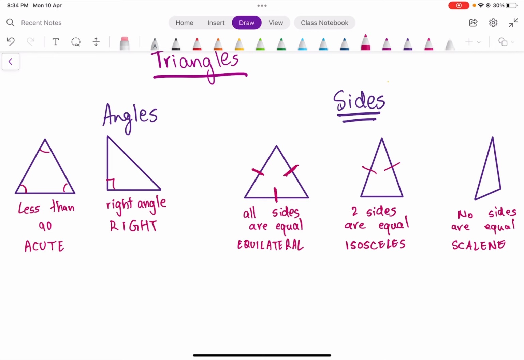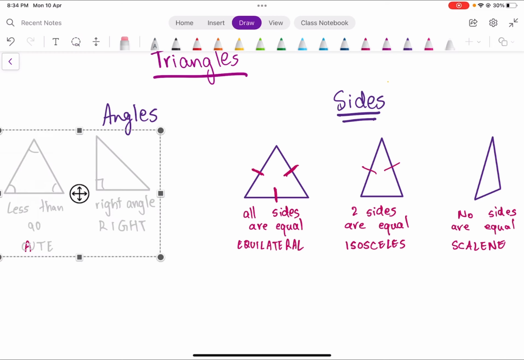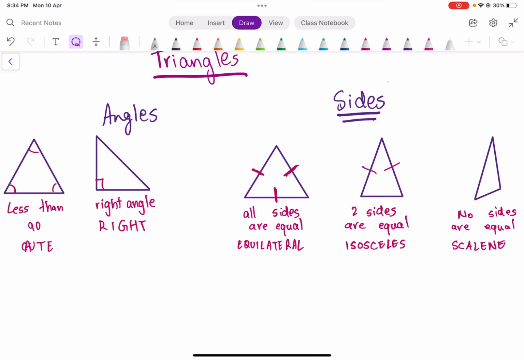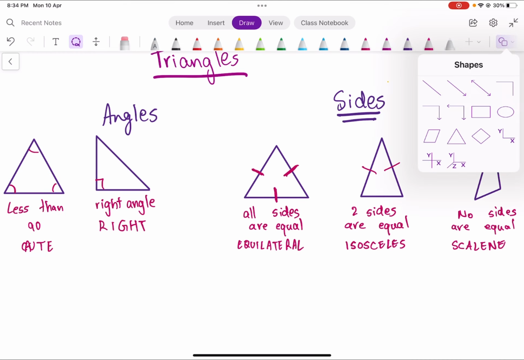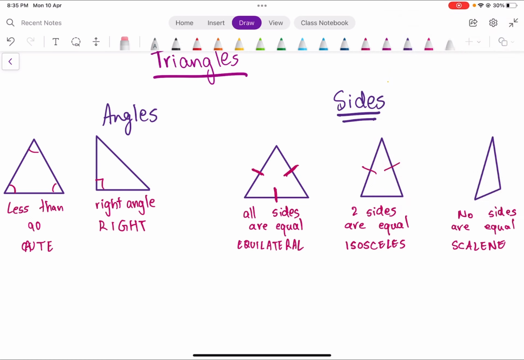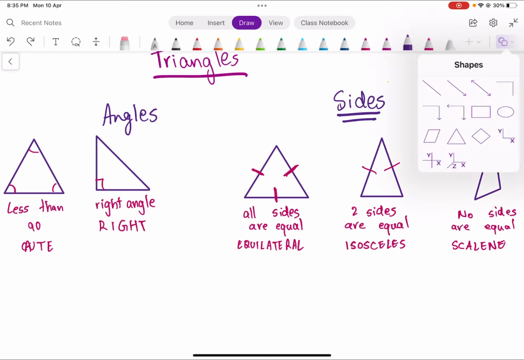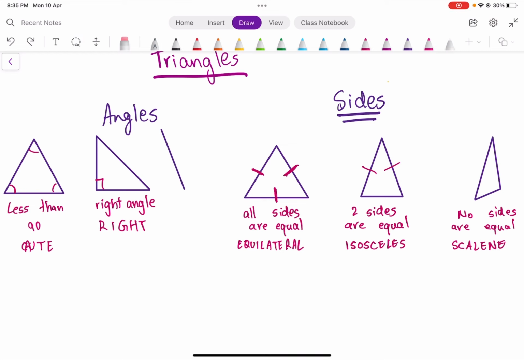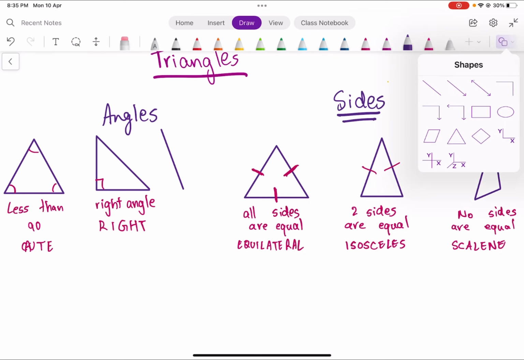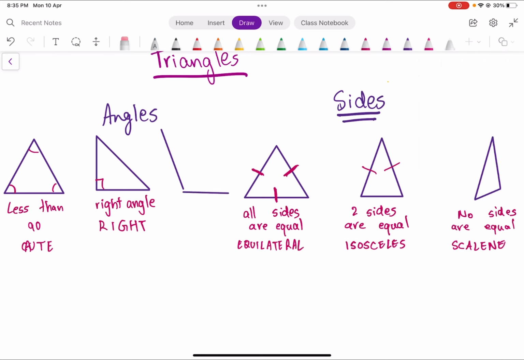Our last type of triangle, I really hope I can fit this all in. I'll try. Our last type of triangle is an obtuse triangle. I am currently in the process of drawing my very precise obtuse triangle.